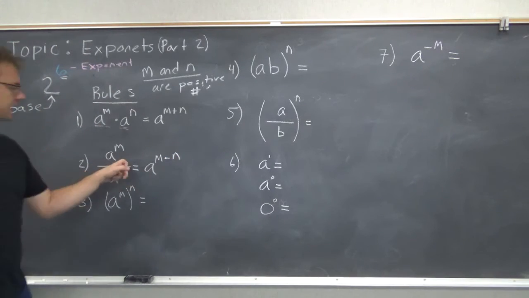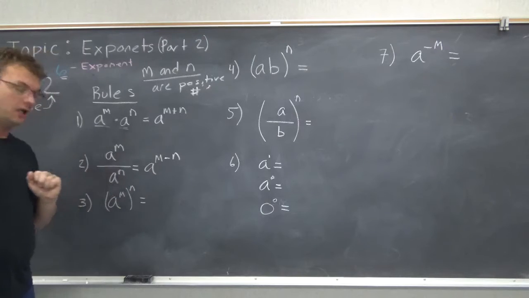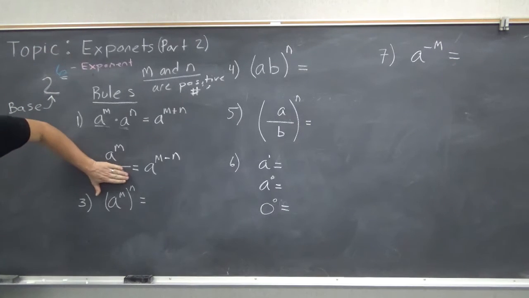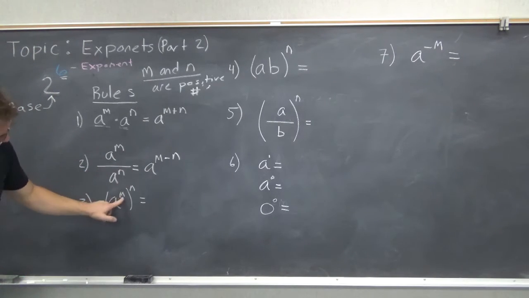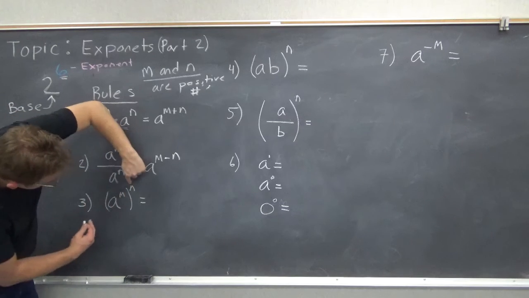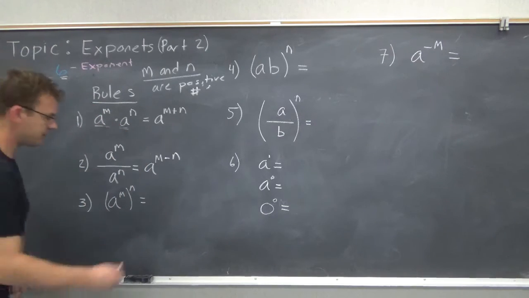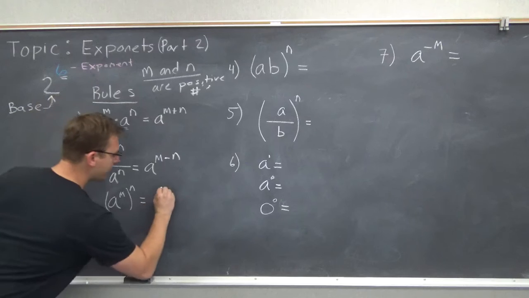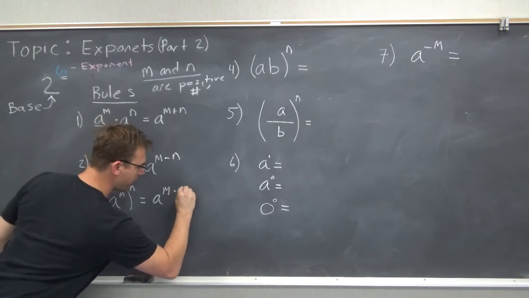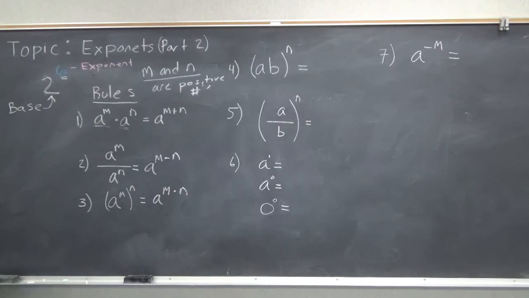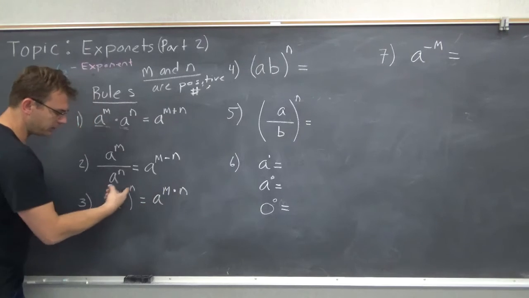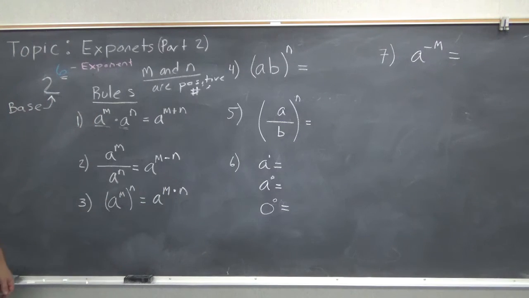You're going to subtract exponents when you see division. When you have a power, a to the m raised to the n, this is going to be a to the m times n. You're going to multiply exponents.